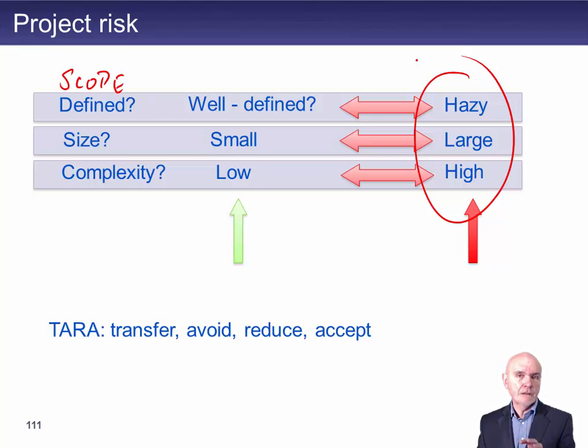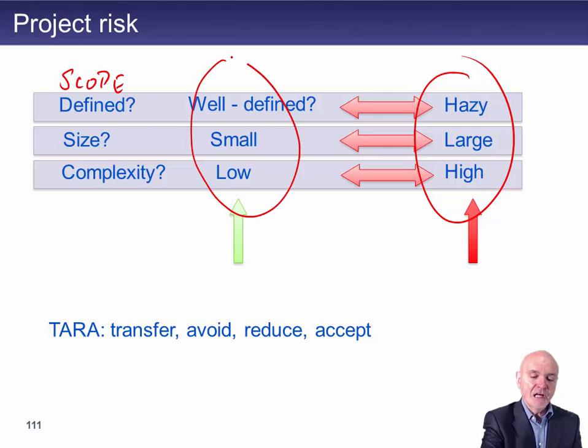Don't go anywhere close to it because it will fail. If, however, you're offered the opportunity to be the project manager of something which is really well defined, really crisp, where the amount of damage is going to be limited if it does mess up, and where it's fairly routine, then this is something where the risk is going to be much lower and your chance of success is going to be much higher.